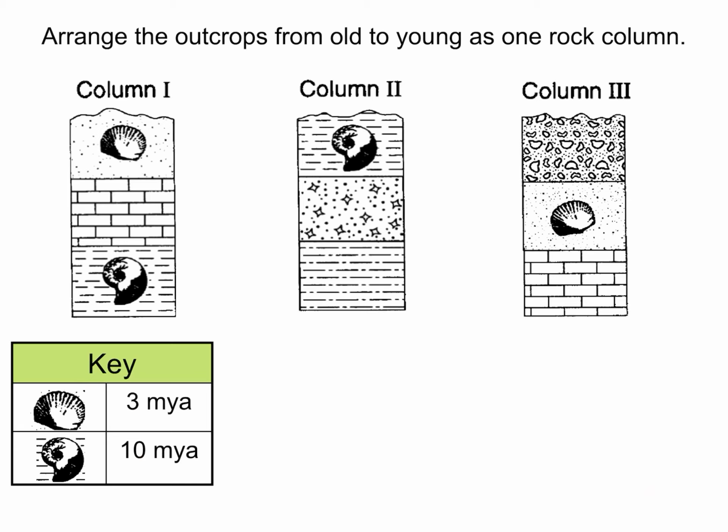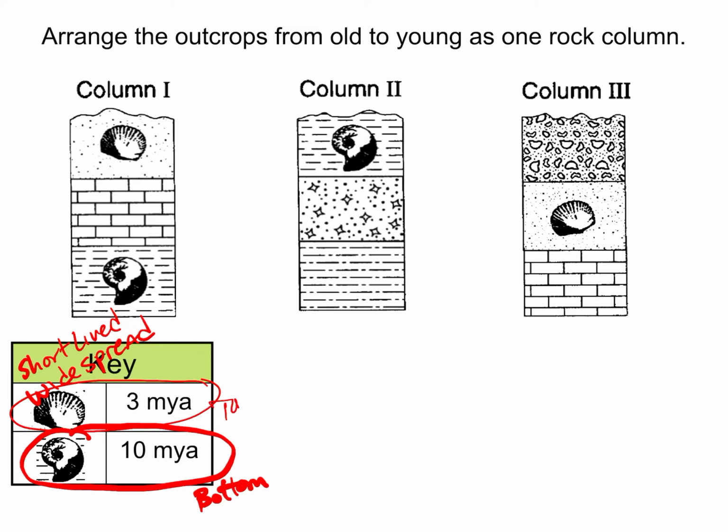If you remember correctly, index fossils are short-lived and widespread, meaning that they covered a great expansive piece of geographical area and only existed for a short amount of time. Now, if it says this fossil is 10 million years old, that's older than the other one. So this one should be on the bottom, and then these should be closer to the top.